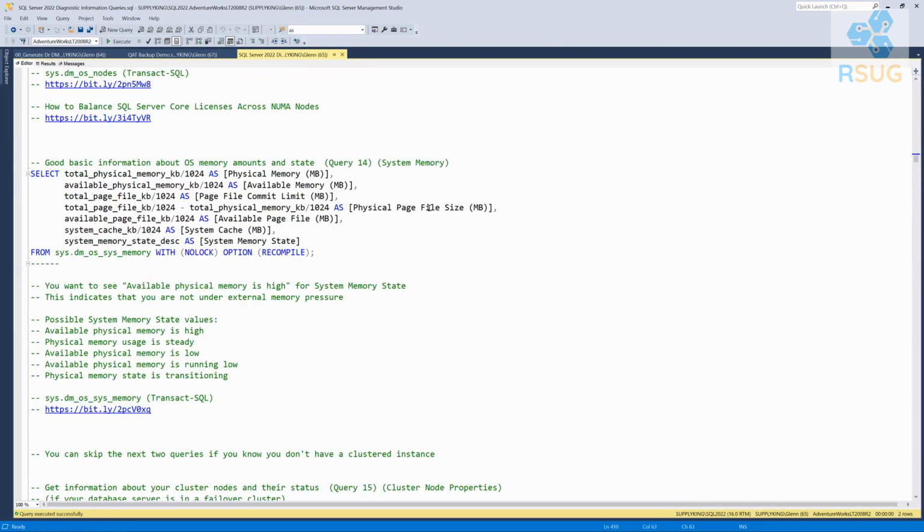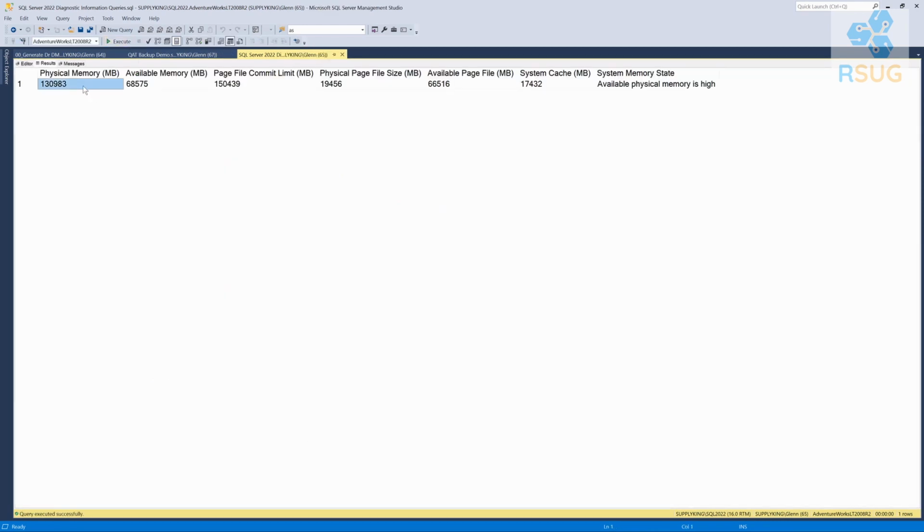All right, the next one is going to show us what the operating system thinks about memory. And this shows us how much physical memory we have. So I've got 128 gigs on my box, and I've got this much available. But the important thing that I always look at is right over here, the system memory state. And that tells you there's an OS level flag that gets set.